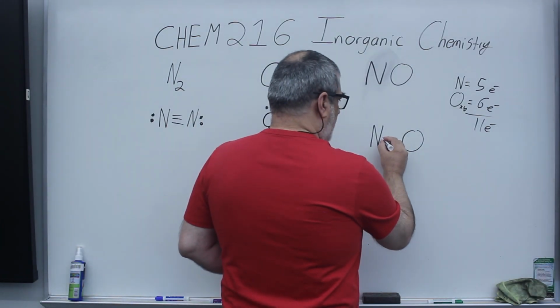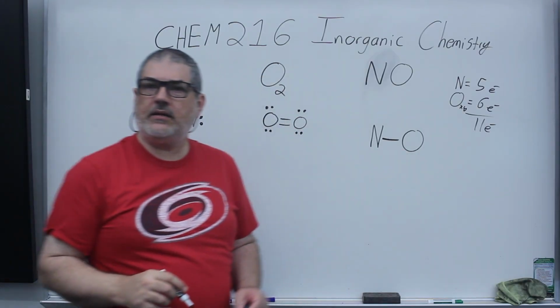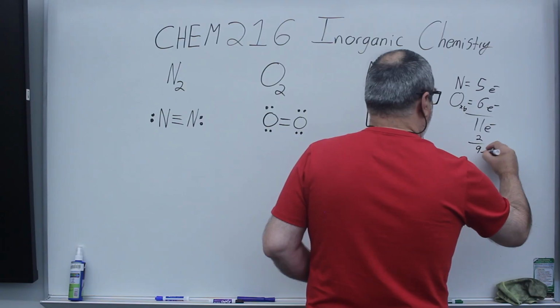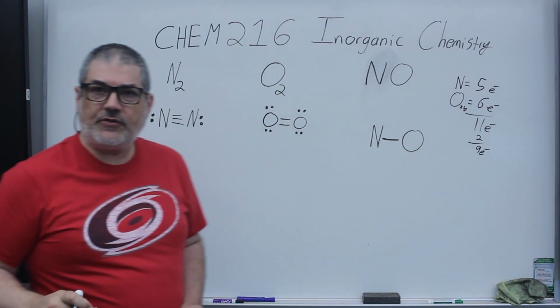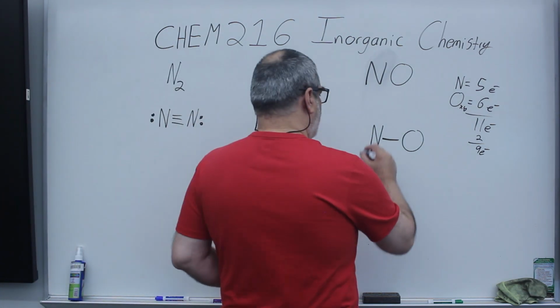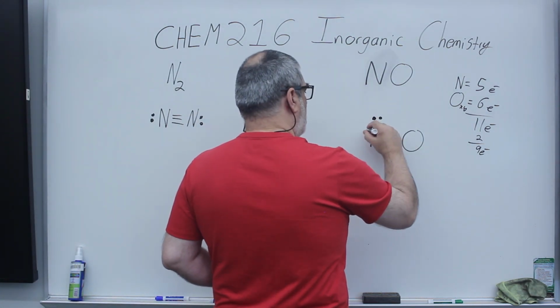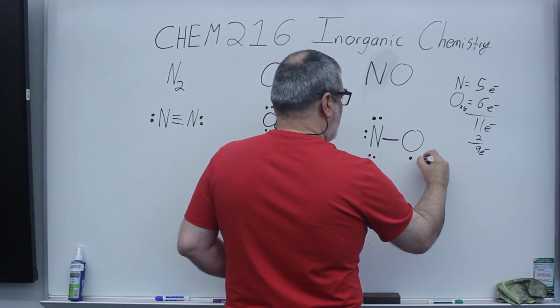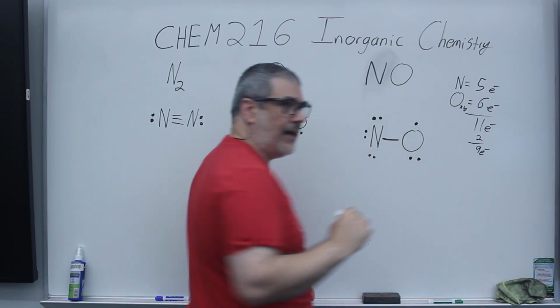What I like to do is first put in a chemical bond, a single bond. So that's 2 electrons. We have 9 left over, so we can just throw them in as lone pairs and then see how that works out. So I'll just start with the nitrogen: 2, 4, 6, 8, and 9.